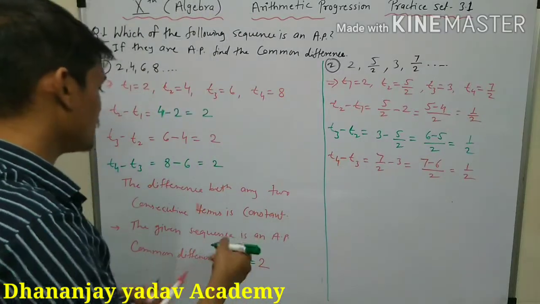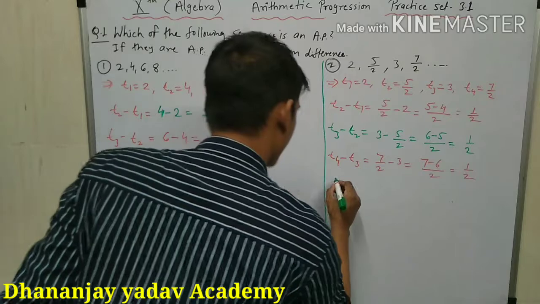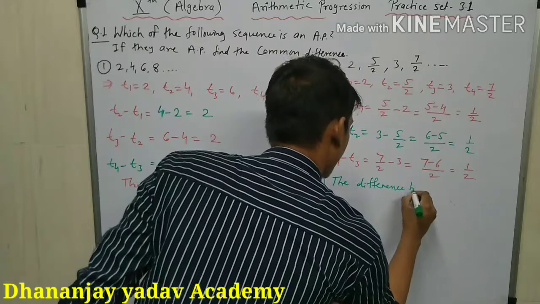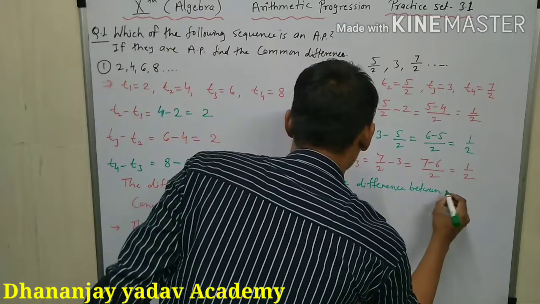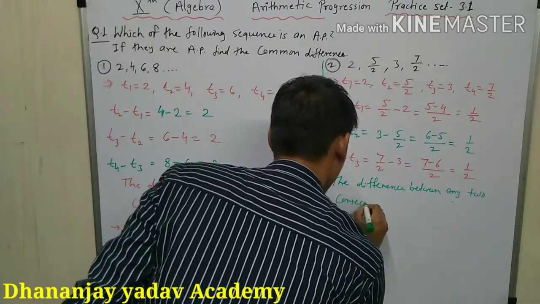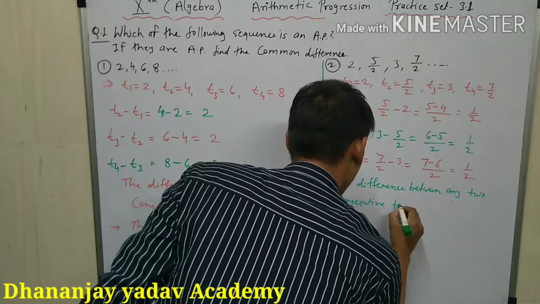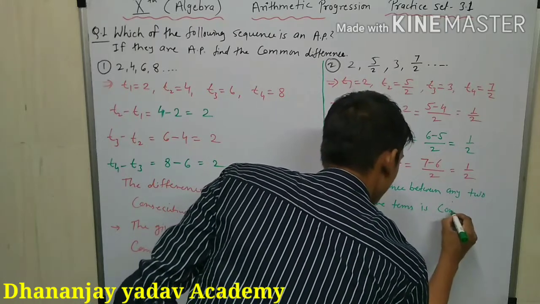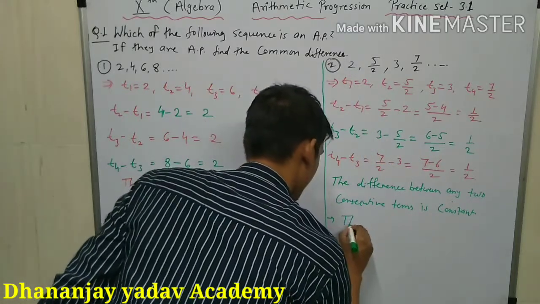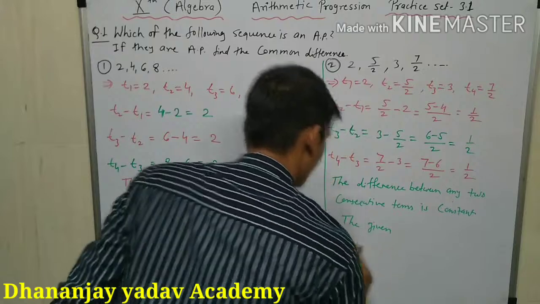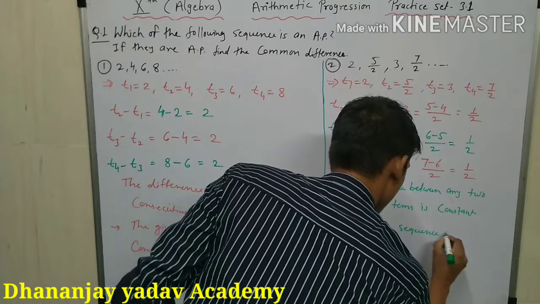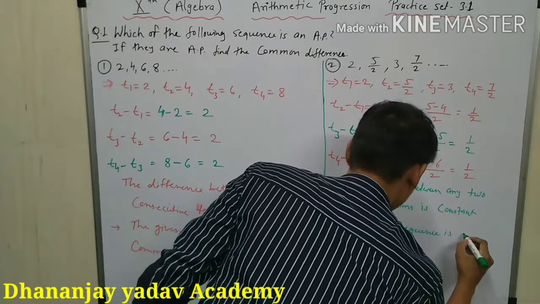So all the differences are constant. You can write down here, the difference between any two consecutive terms is constant, then the given sequence is an AP.